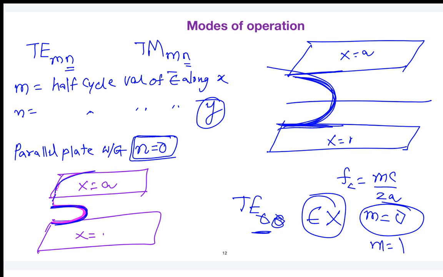Remember, I forgot to mention here, this represents the complete half cycle. How many complete half cycles are there between the plates? In this example, there is only one complete half cycle. So it also belongs to the first mode only. Why I was telling you this is that there is a misconception: when I say the first mode, you may expect that only one frequency will be present.